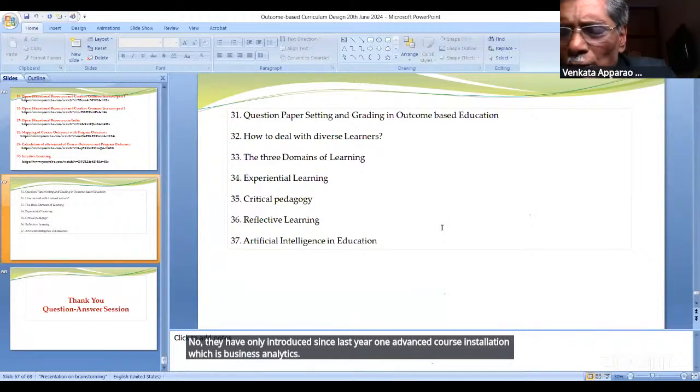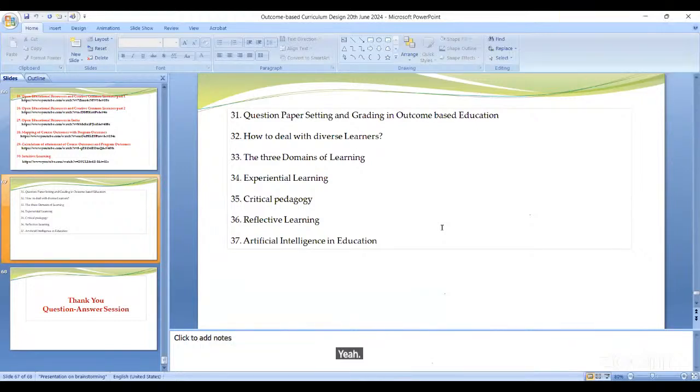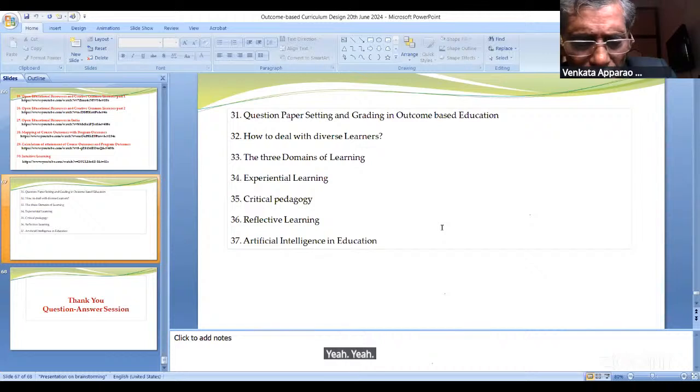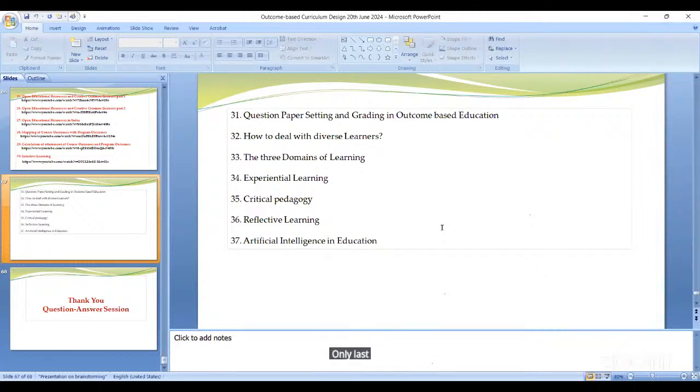Other than this, there are the general specialization courses, like human resource management, marketing management, production management, finance management and operations management. Only last year they introduced business analytics.